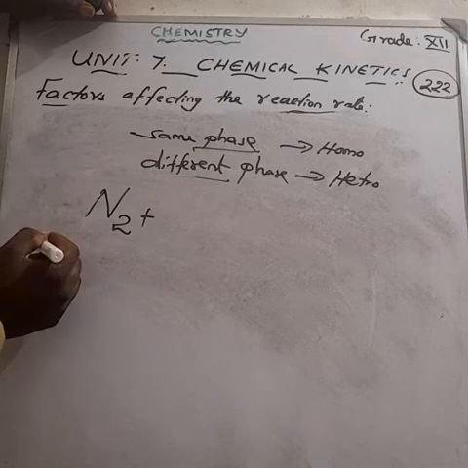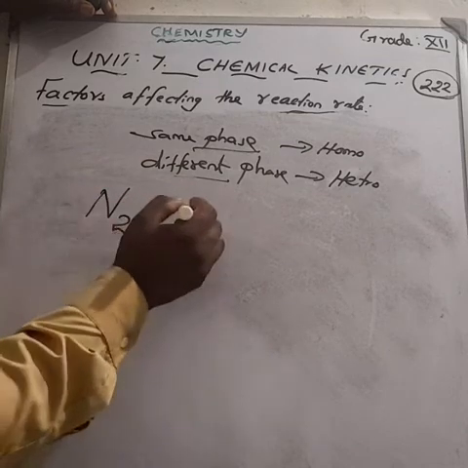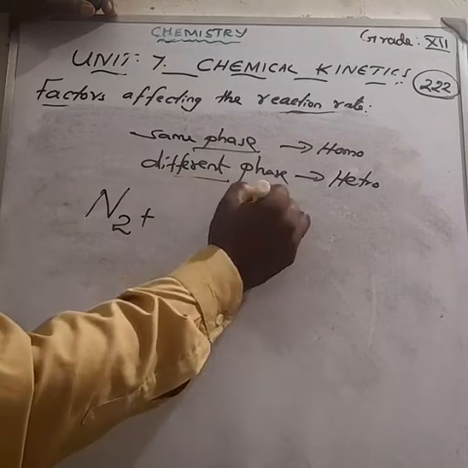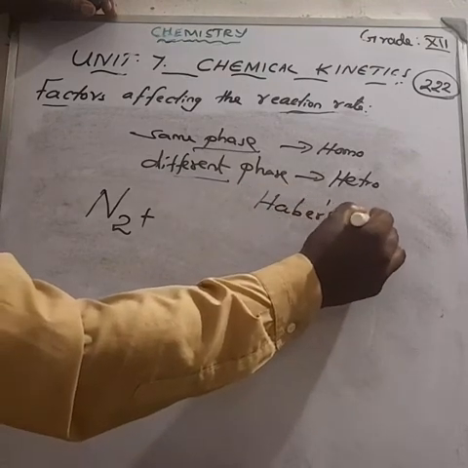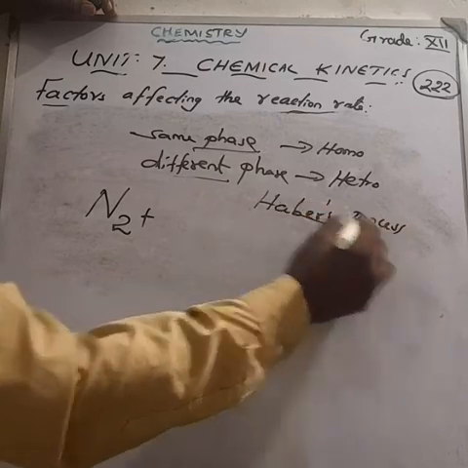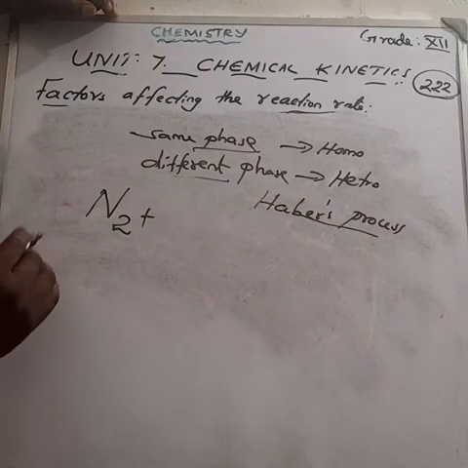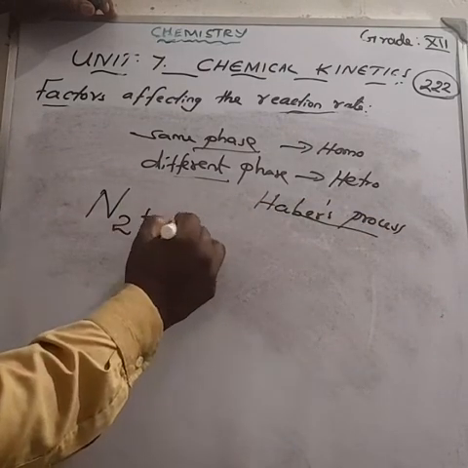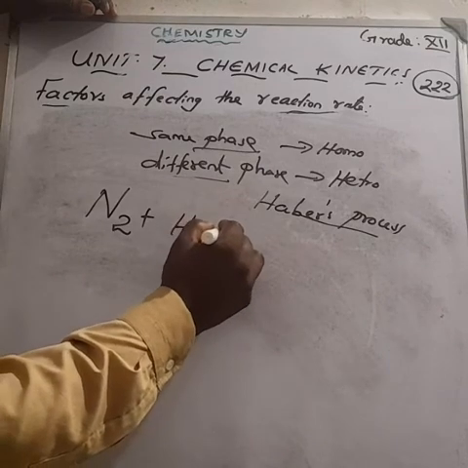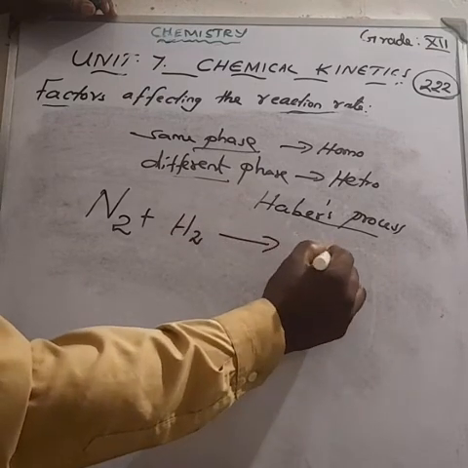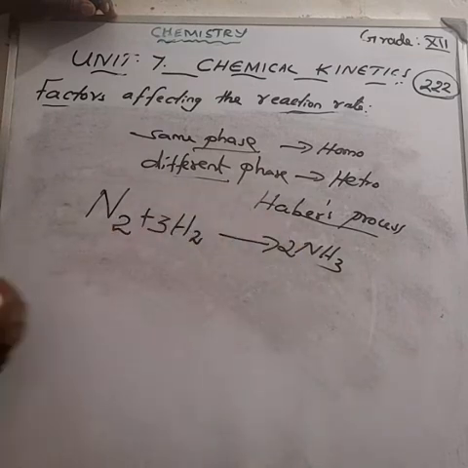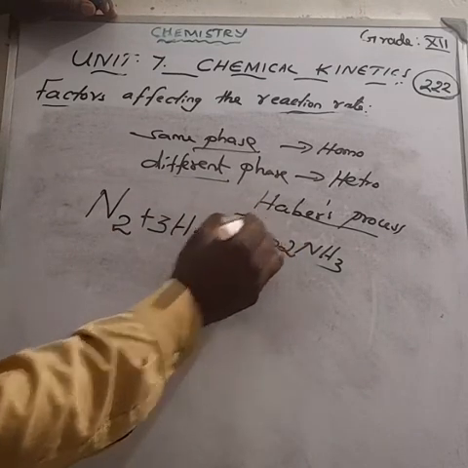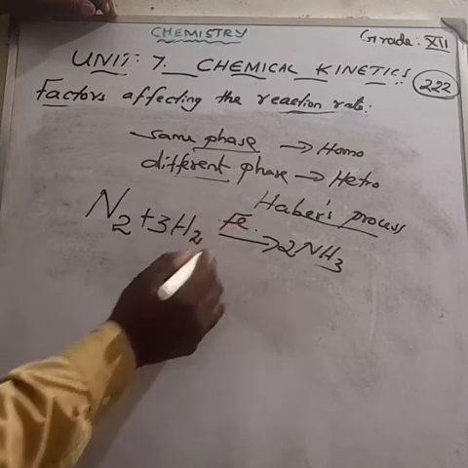For example, the manufacture of ammonia by Haber's process. We know that in Haber's process, nitrogen combines with hydrogen to form ammonia. Am I right? Here we are using iron, Fe, as a catalyst.